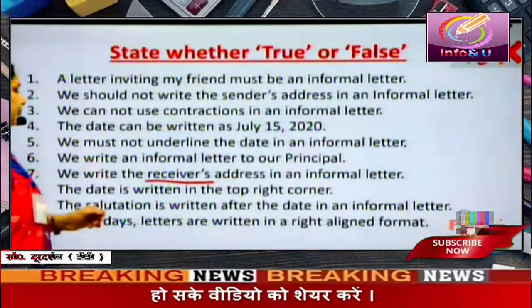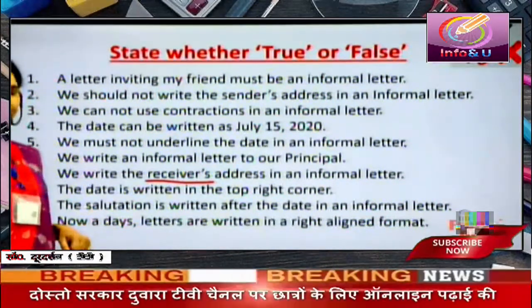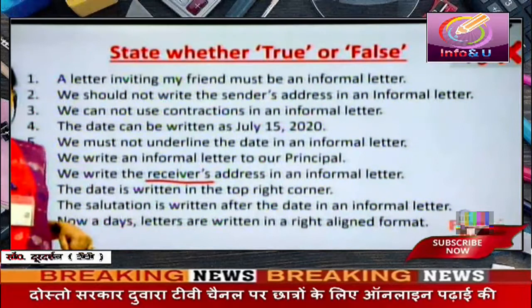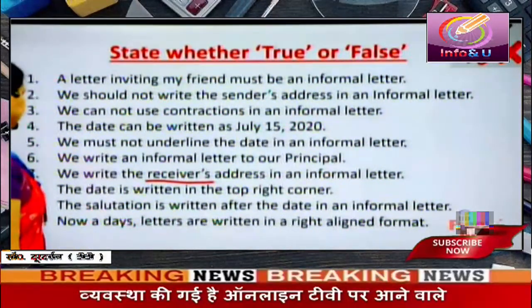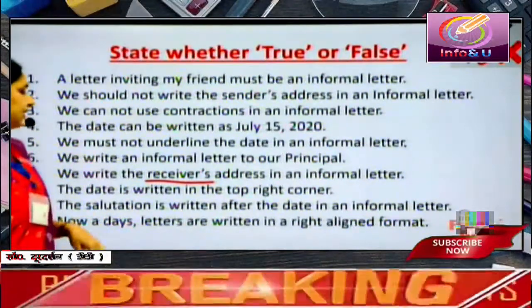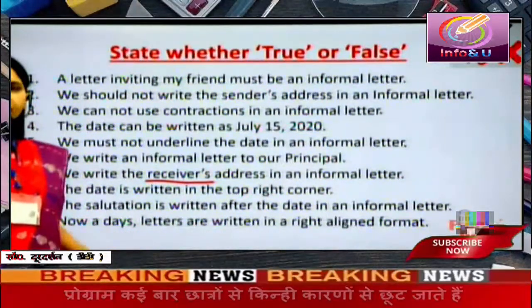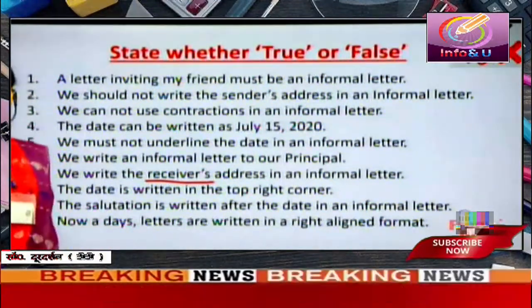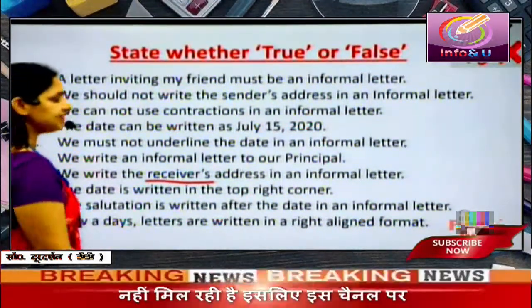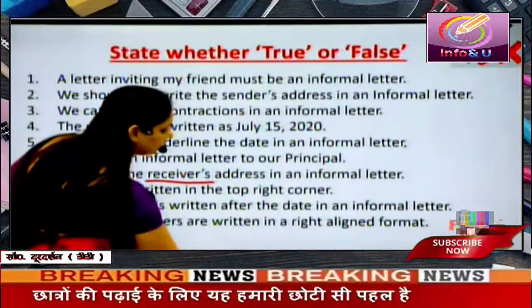Ninth is, the salutation is written after the date in an informal letter. And the last one, the tenth, is, nowadays letters are written in a right aligned format. I hope you've written all your answers. Let us check the answers now.